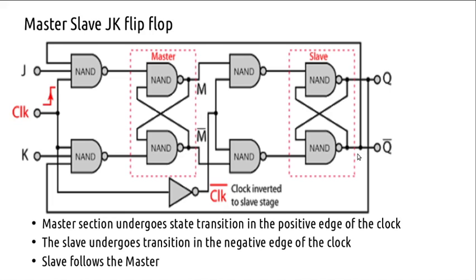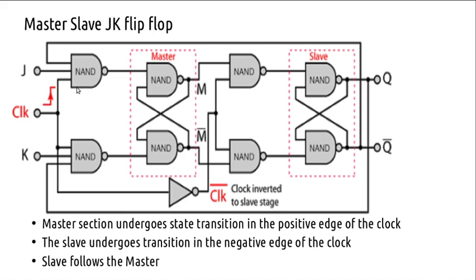The master section gets the feedback from the Q bar, and the Q is fed back to this input, and the clock is positive. The master section is triggered at the positive rising edge of the clock pulse, and the slave section is triggered on the trailing edge. That is, it is inverted and given.